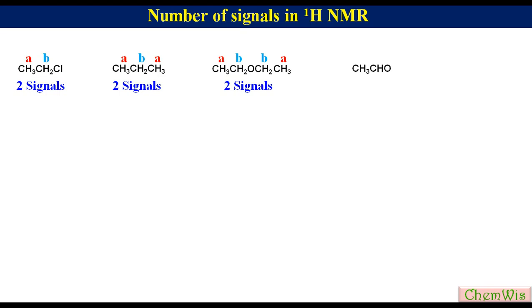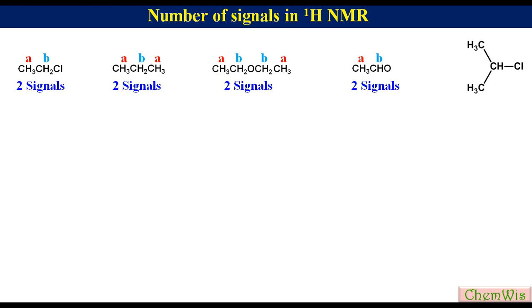Acetaldehyde. There are 2 different sets of protons, A and B. So it will show two signals in the proton NMR. Isopropyl chloride. There are two CH3 groups and a CH group.